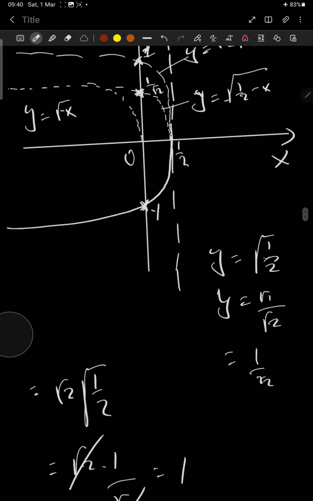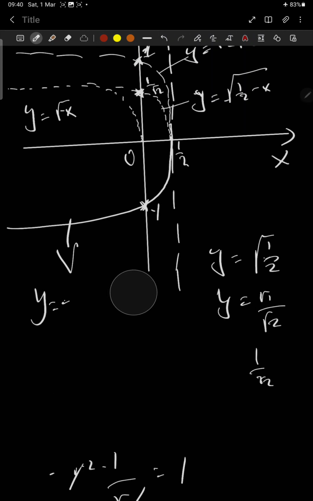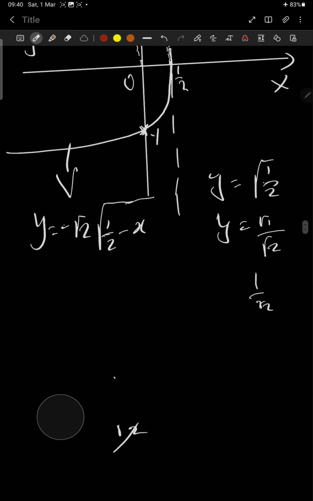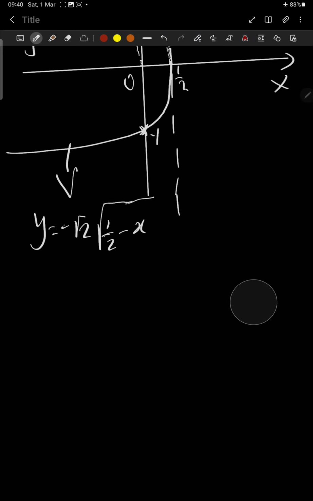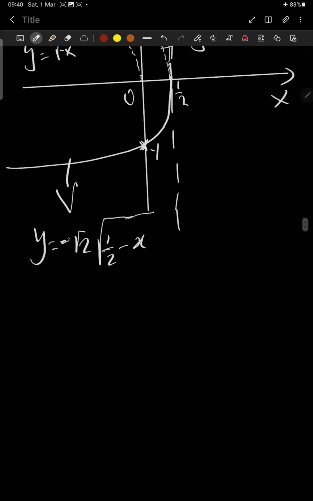This now is y equal to negative square root of 2 times square root of half minus x, or if you want, you can just write it as negative square root of 2 times square root of 1 over 2 minus x. It's the same. So to reflect the positive, I just reflected to the negative. That's what this negative means.